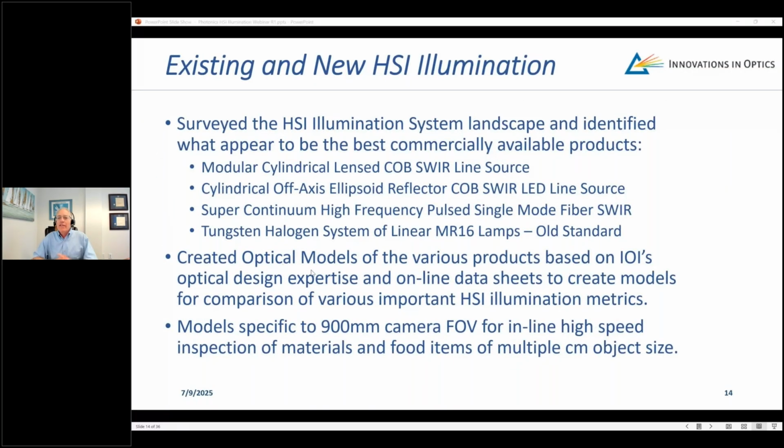So we surveyed the landscape of HSI illumination and identified what we believe are the best commercially available systems. One is based on a modular cylindrical lens chip on board, where the system is modular in 100 millimeter increments. Another very good system has an integral off-axis ellipsoid reflector, so it's not modular, but it could be made in different lengths.